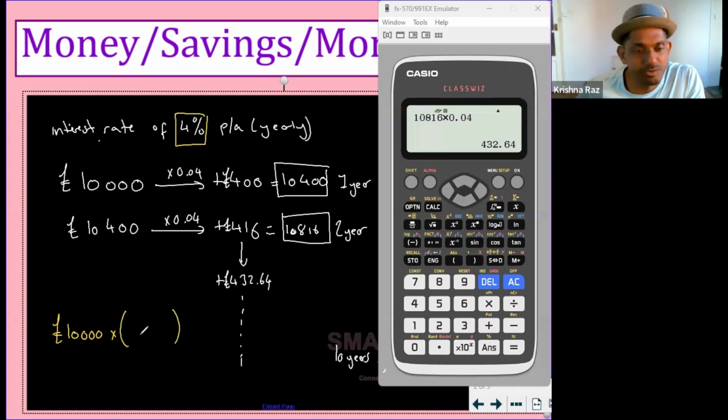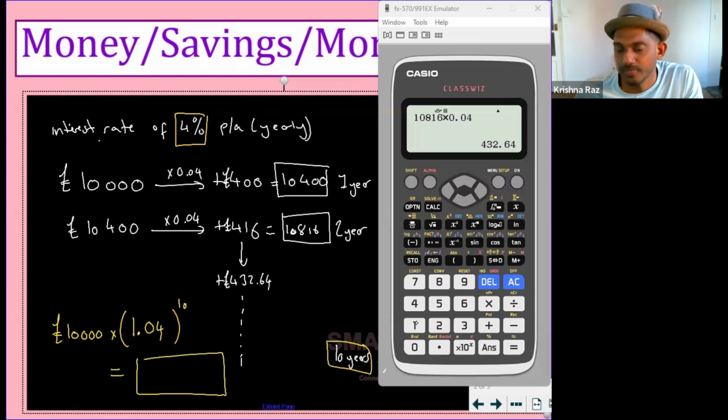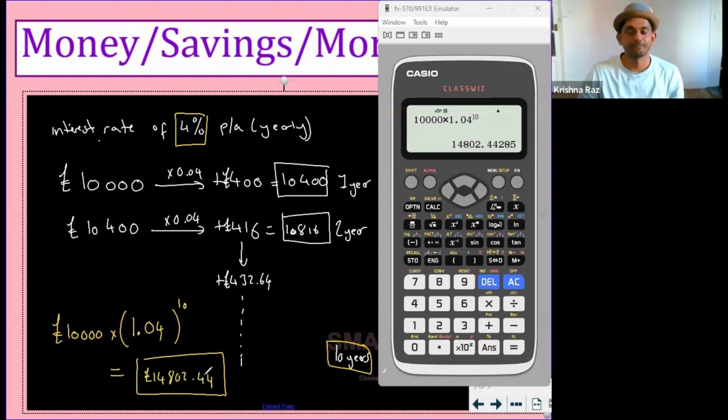The decimal to increase by 4% is 1.04. And if we want it after 10 years, we would do to the power of 10. So after 10 years, we would have 10,000 times 1.04 to the power of 10. We've got £14,802 and 44 pence in the bank.